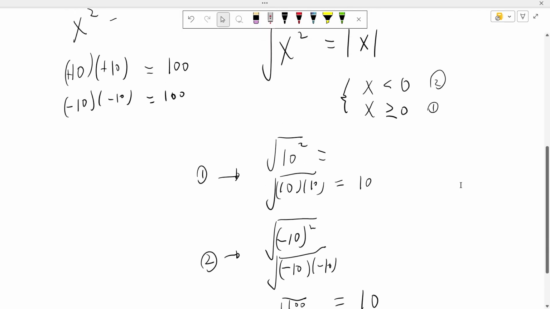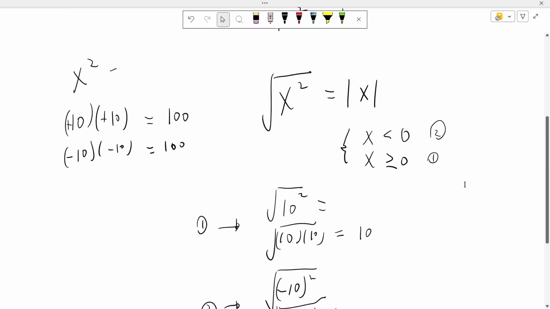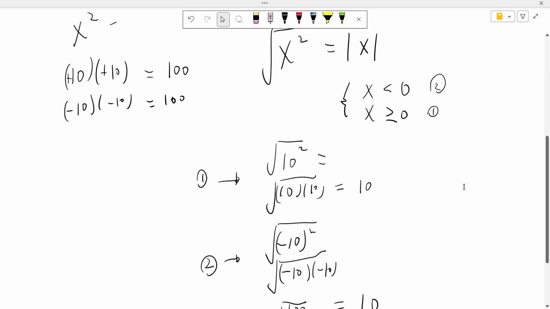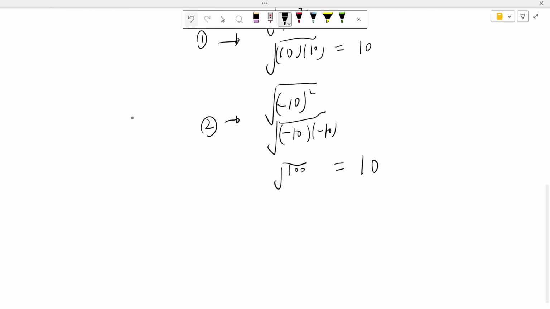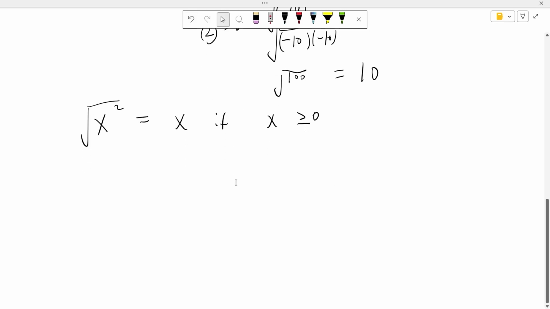So we can represent that like this: squaring a number and then taking the root is equal to x if x is equal to or greater than 0, and equals not just x but negative x if x is less than 0.